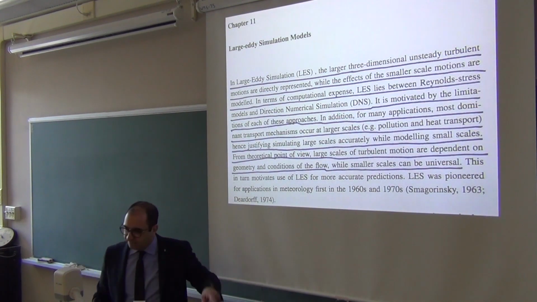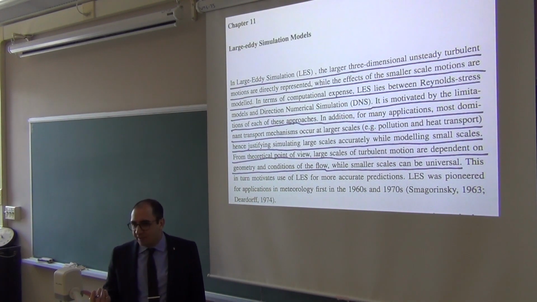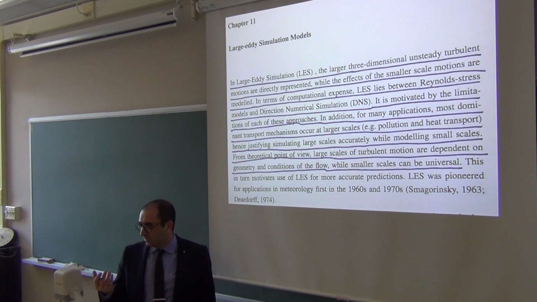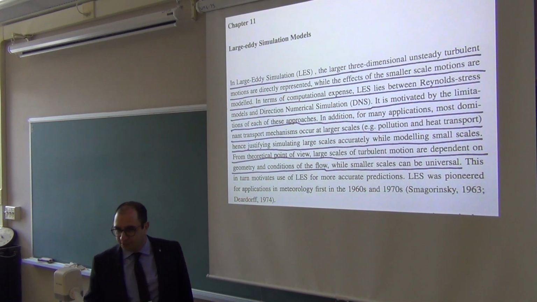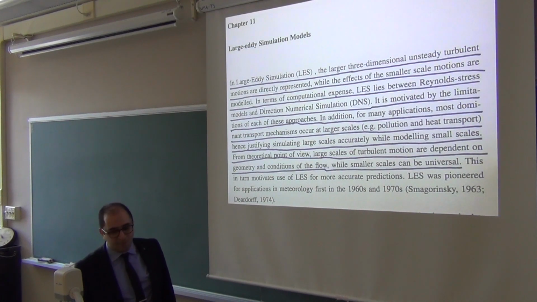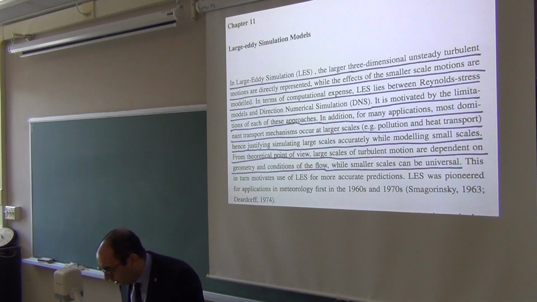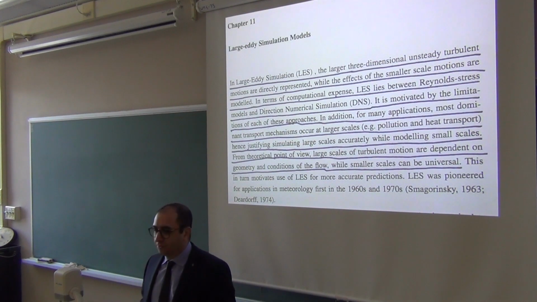Let's say in a pump, the flow would circulate, swirl, right? But smaller scales, they're all the same. Flow around a cube, in a pipe, in the atmosphere, in the ocean, it's the same. So there is some universality in small scale, which makes it easy to formulate and close a turbulence model, or simulation in this case. Okay, so all of these are enough evidence and motivation to do LES.